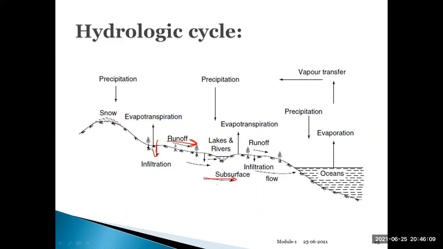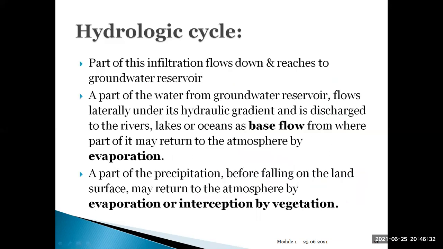After the infiltration, the remaining water will percolate below and reach the groundwater reservoir, and ultimately it will reach back to the ocean, which takes several years, and again the process repeats. That is how the hydrological cycle occurs.